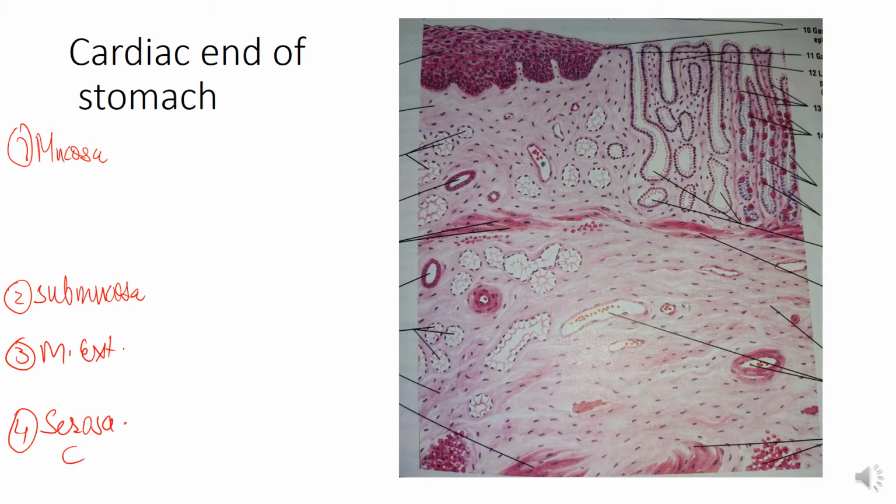So serosa again is connective tissue plus mesothelium. In the connective tissue, blood vessels, nerves, lymphatics go inside and come outside. Muscularis externa again has 3 layers: inner oblique, middle circular, outer longitudinal, and there is no thickening in this region. Submucosa again the same: connective tissue, blood vessels, nerves, lymphatics.